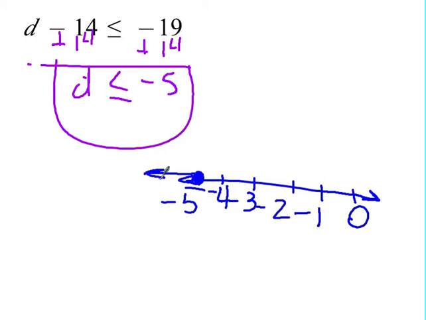Good job. Okay, so that's what you should have gotten your solution to be like. d is less than or equal to -5, and then this is what the graph looks like. Questions?